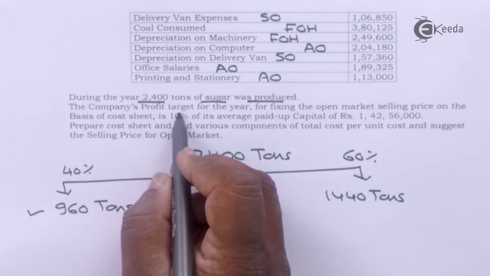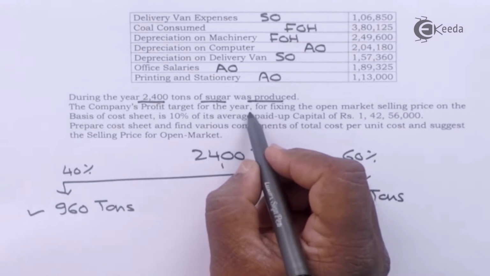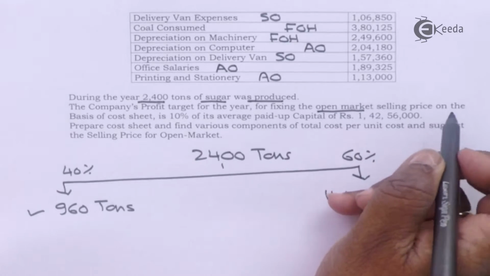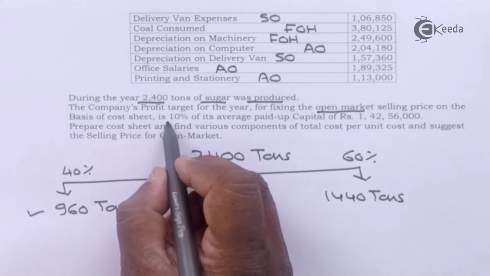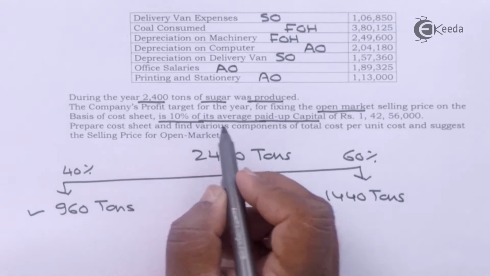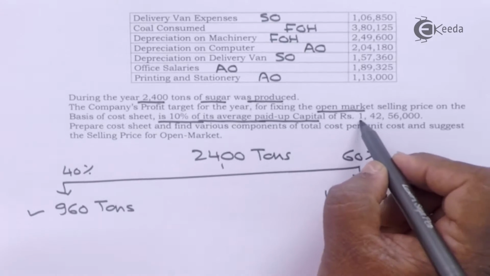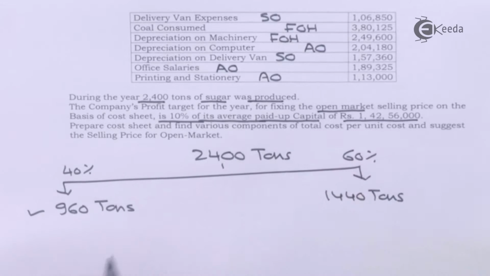The company's profit target for the year for fixing the open market selling price on the basis of the cost sheet is 10% of its average paid up capital of rupees 1 crore 42 lakhs 56,000.